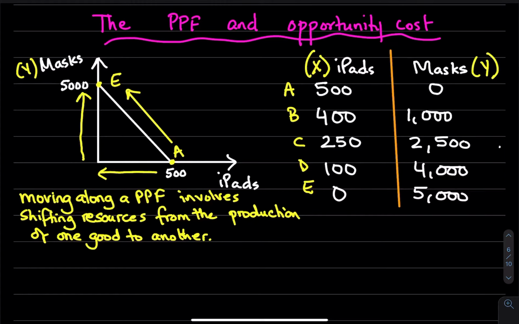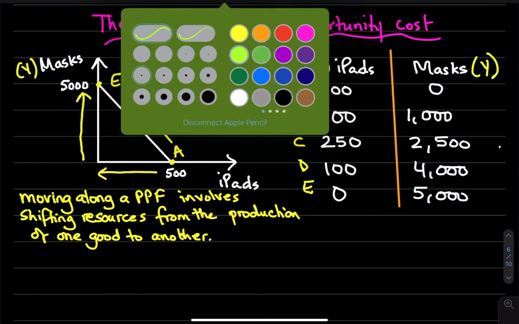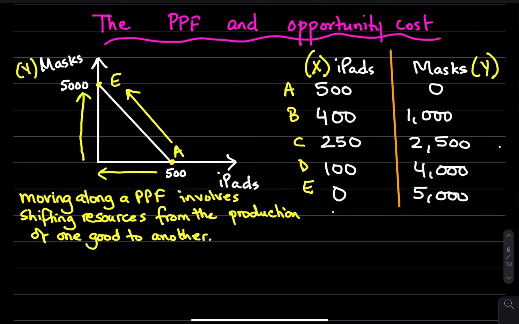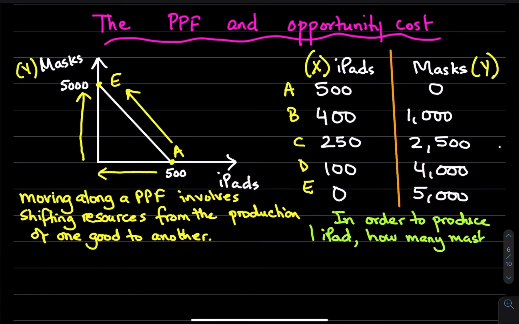So let's make this question even more simple and say, in order to produce one iPad, how many masks or boxes of masks should we give up? In other words, we are trying to calculate the opportunity cost of producing one iPad. Okay, so this is the question, and we have to solve it.